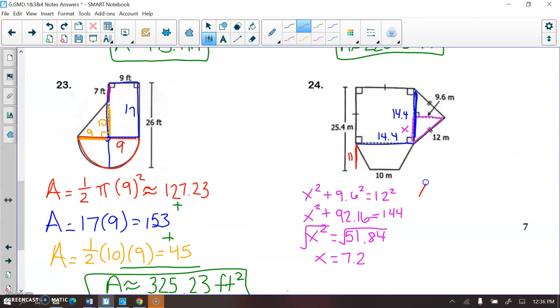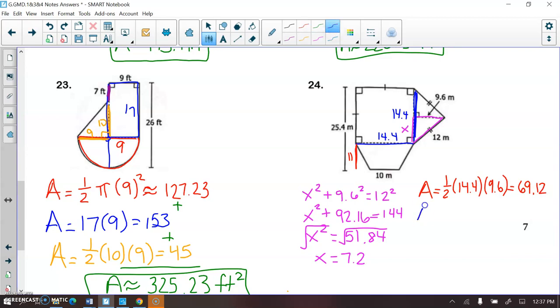So let's get started on finding the areas of all these. Let's start with the triangle. The area of my triangle is 1/2 times my base of 14.4 times my height of 9.6. So 14.4 times 9.6 times 1/2 comes out to be 69.12.